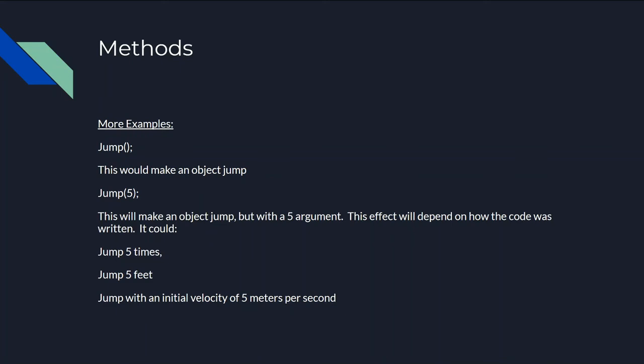However, if I said something like Jump(5), that is going to add an argument, and depending on how the code was written, that 5 might do something different. That could mean jump 5 times, jump 5 feet, or jump with an initial velocity of 5 meters per second. And again, that all depends on how the code was written. And we'll learn a lot about different methods and what the different arguments do in them.